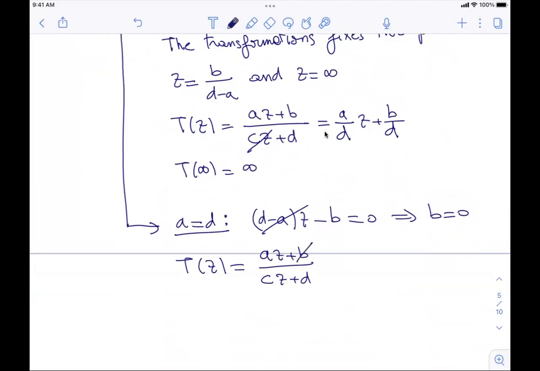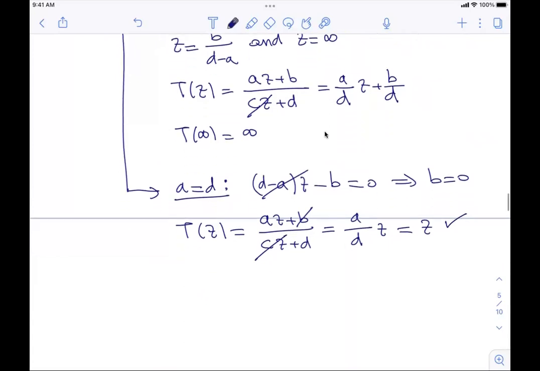We have that b is 0, c is 0, and this is a over d times z. But we just said that a is equal to d in this case, so this is equal to z. This is the identity, okay? The identity fixes all points. And this completes the proof.